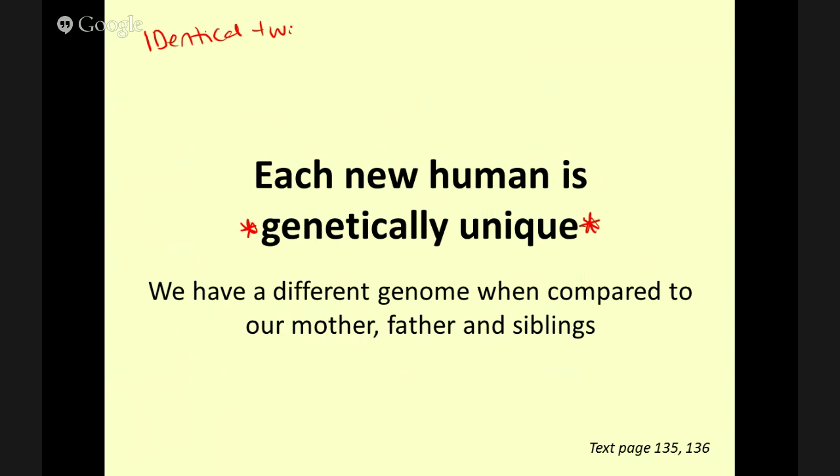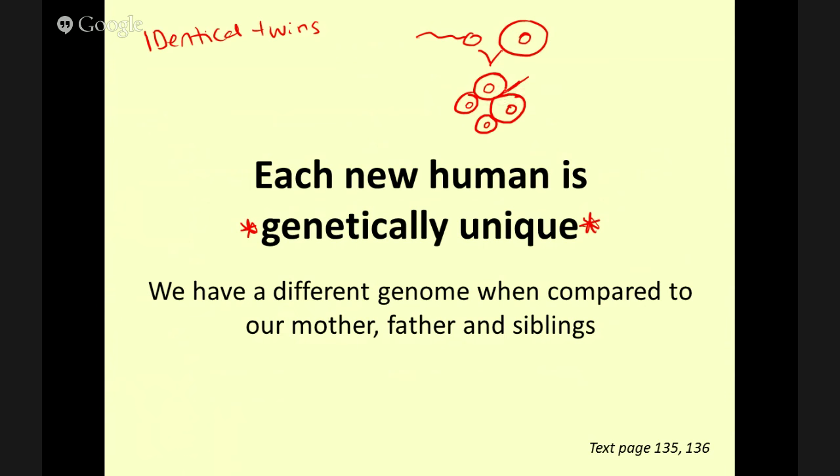Identical twins are kind of special. So the egg and the sperm get together, and then that makes the zygote, right? Remember that? And then usually the zygote multiplies by mitosis to make the embryo, right? But in identical twins, something very special happens.